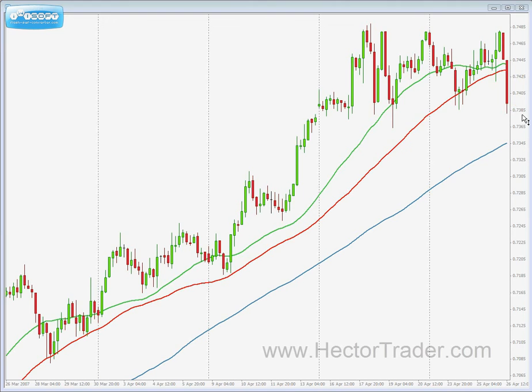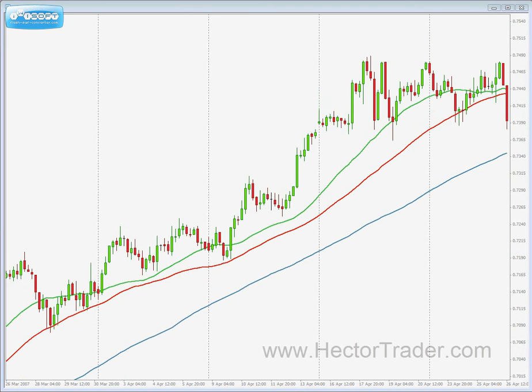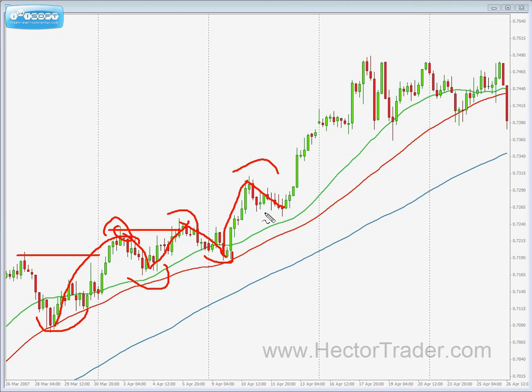We've been seeing a very nice uptrend. Every time price takes off, it makes a new high, retraces back down, scores a higher low, takes off once again: higher high, higher low, higher high, higher low, and so on.